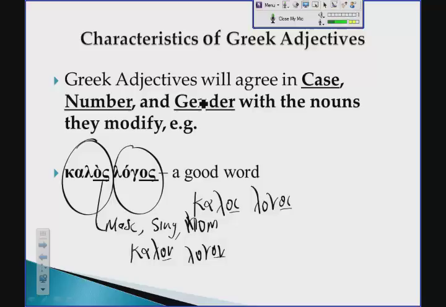A good word, if it's a direct object. In the genitive, you will have kalou logou. Always agreeing in case, number, and gender. Okay? Any question? Are we all fine? So we're talking about the characteristics of Greek adjectives. I'm emphasizing the point here. Greek adjectives will agree in case, number, and gender with the nouns they modify.